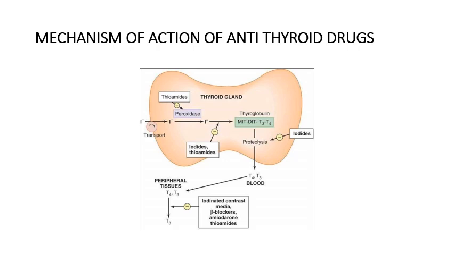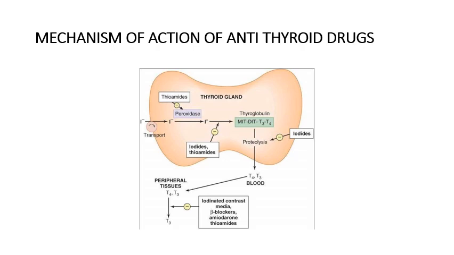So iodides are used in conditions of thyroid storm, where you need to decrease the T4 and T3 level drastically and immediately. In those emergency situations, iodides are used to block the release of T4 and T3. And there are certain drugs which act at the level of the periphery, which inhibit the conversion of T4 into T3.